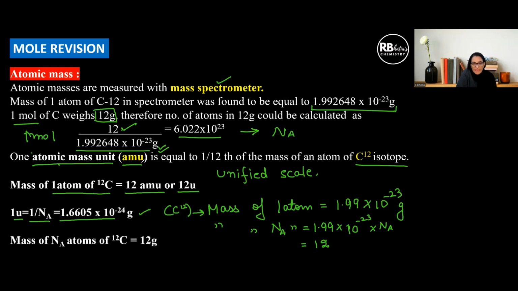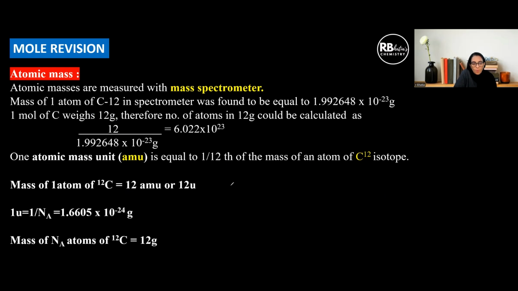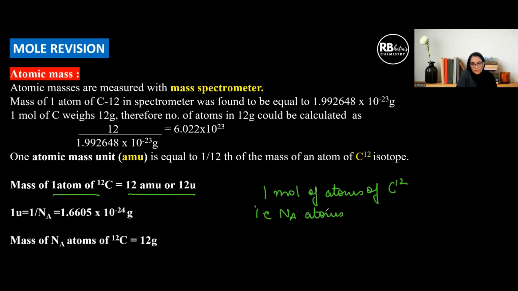Then 1 AMU was defined as a quantity of matter equal to 1/12 of the mass of an atom of C12 isotope, which means one atom of C12 is 12 U and 1 mole of atoms of C12, that is Avogadro number of atoms of C12, will weigh 12 gram.